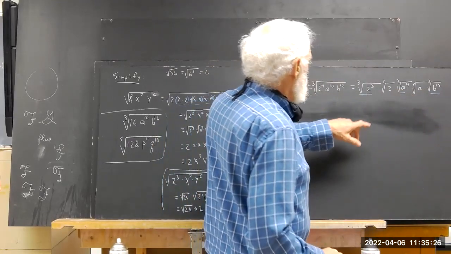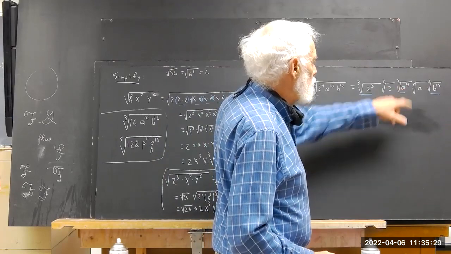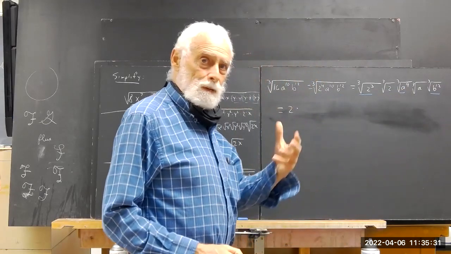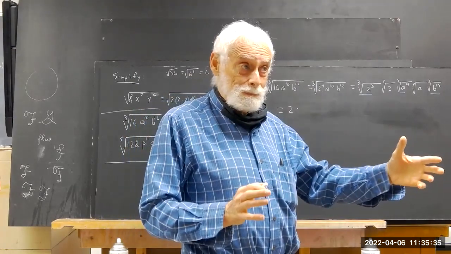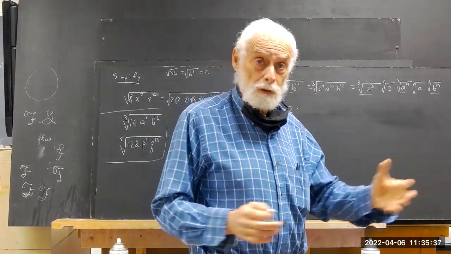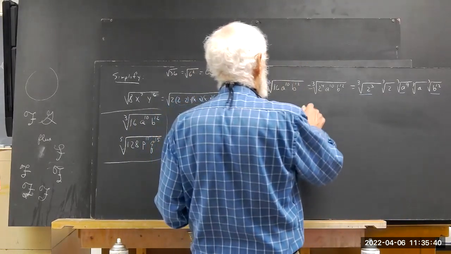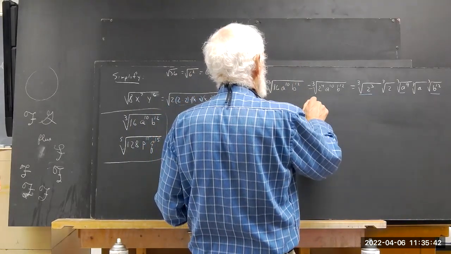Okay. What's the cube root of A to the 9th? A to the 3rd. It's A to the 3rd because you group 9 A's into groups of 3, you get 3 of them. So this is A to the 3rd.